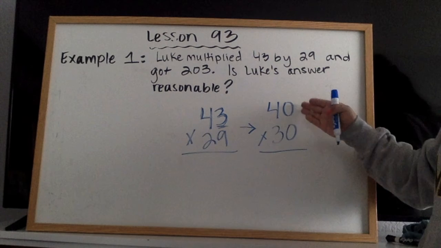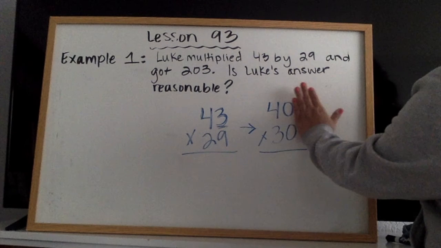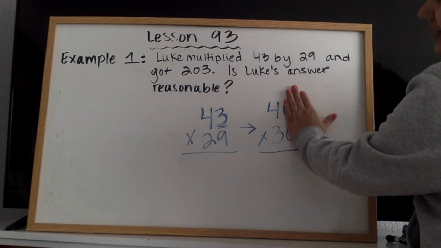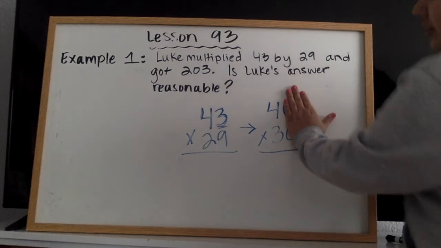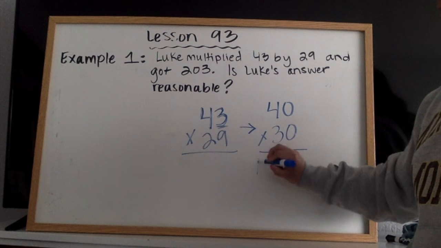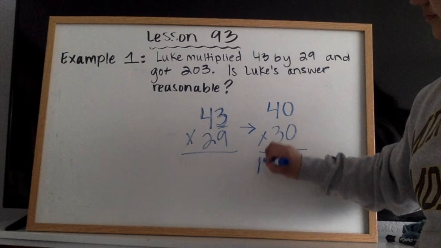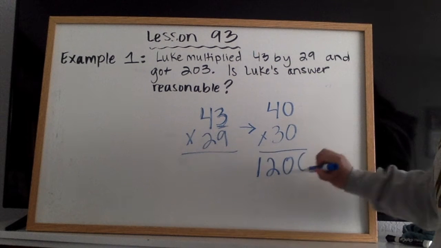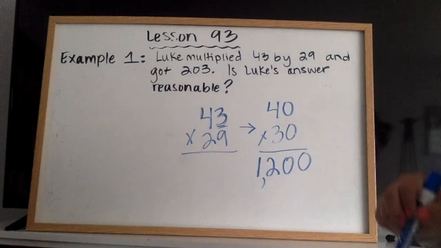Now since these are both multiples of 10, I can cover up that 0 and just put them all at the end and just take my 4 times 3 first, which is 12. And then I add those 2 zeros back on, and I get 1,200.